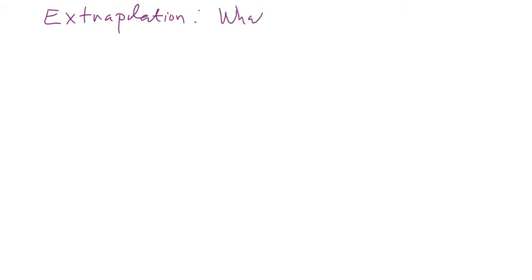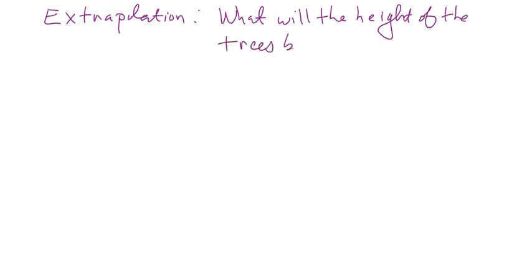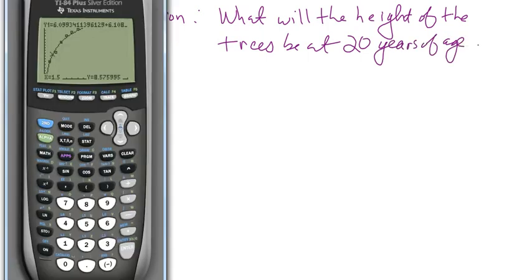So what will the height of the tree be at 20 years of age? Okay, what do we do on our calculator then, if I want to put in 20 years of age?